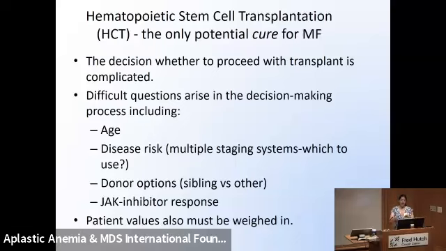So how old is the patient? What are their life goals? What's their disease risk, and what scoring system should we use now that we have so many? What are our donor options? Do they have siblings we can use? Do they have a good search in our donor registry? And then how are they responding to the other therapies they're already getting?